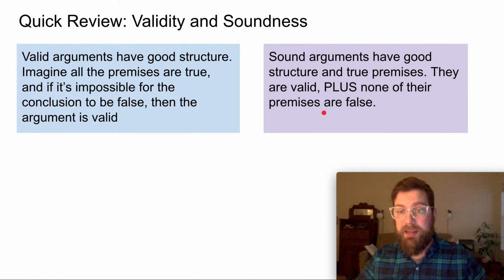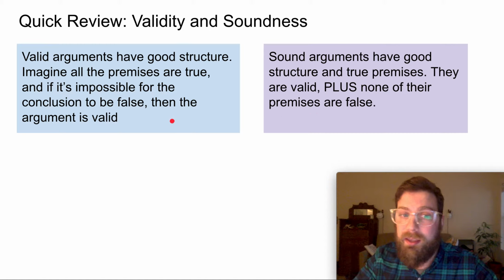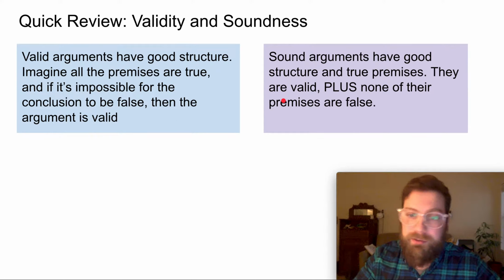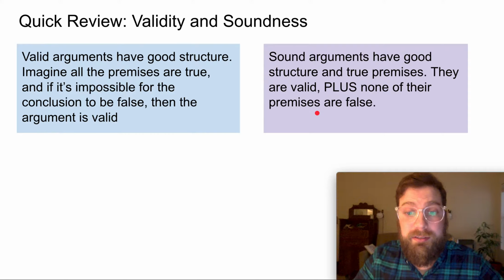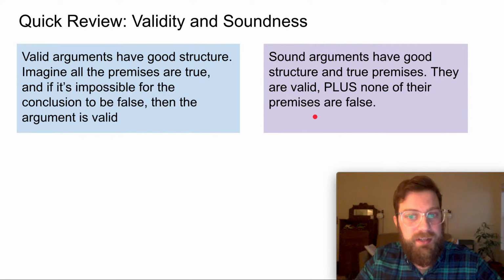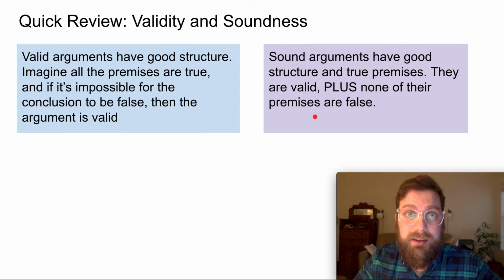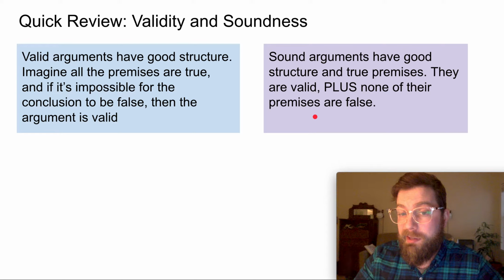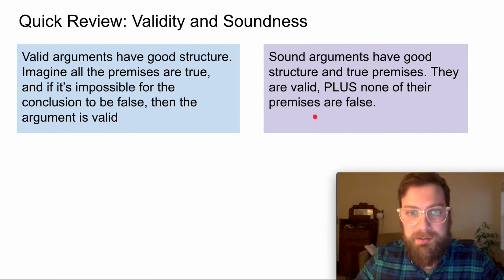And because of this setup, if all the premises are true, then the conclusion has to be true. This says it's valid plus we've got true premises, which means that the conclusions of sound arguments have to be true. There's no such thing as a sound argument that isn't also valid, and there isn't such a thing as a sound argument with a false conclusion. All sound arguments have true conclusions.